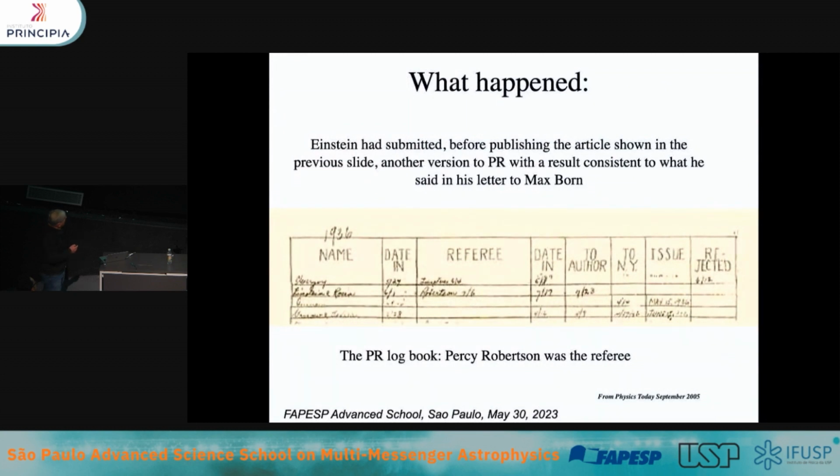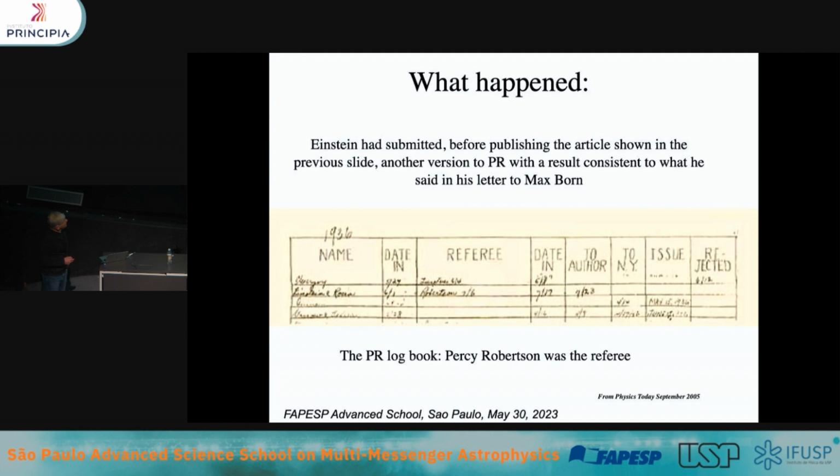Well, as far as I understand, we only learned what happened in 2005, when the Physical Review opened their logs, and it was clear that the paper presented by Einstein and Rosen in 1936 was reviewed by Percy Robertson, the same one of Robertson-Walker, who was actually an expert in general relativity.